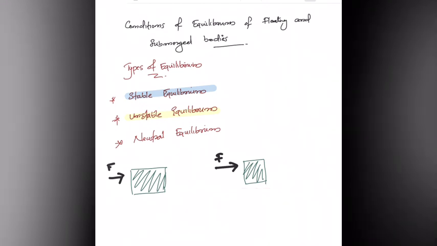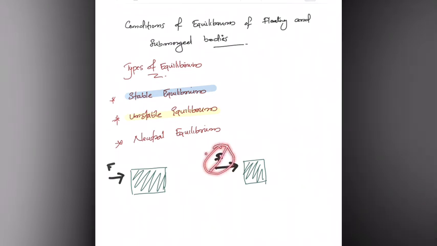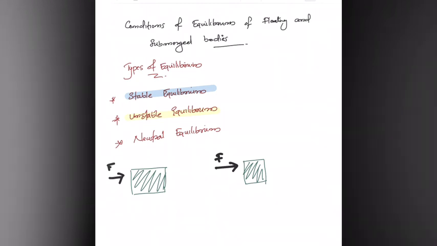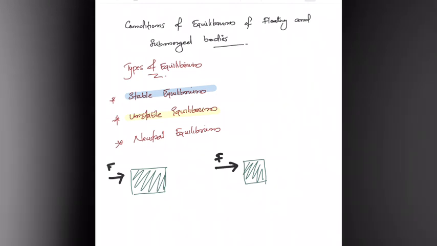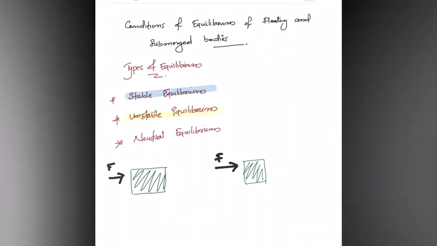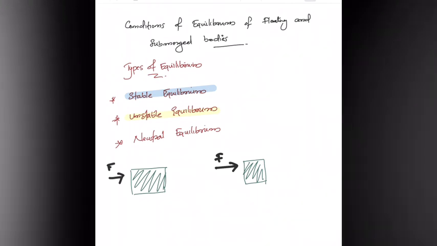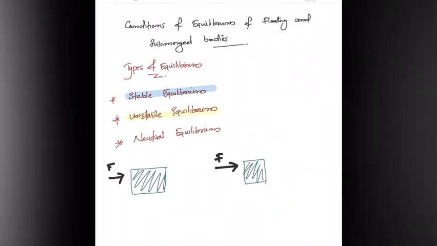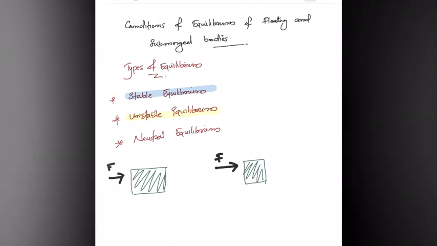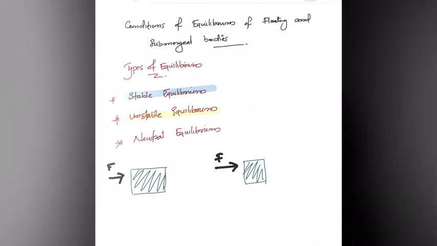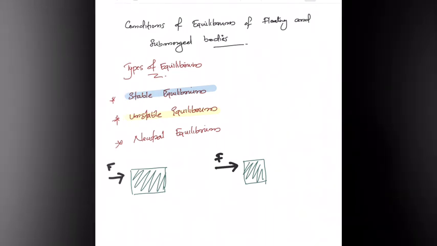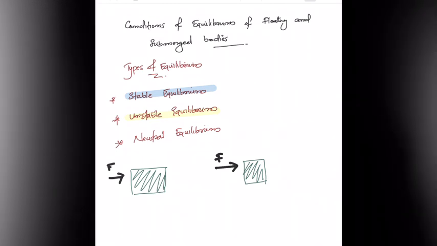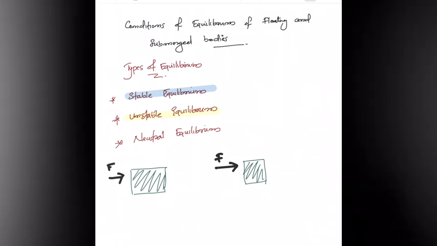That means if we remove this force, the box will not return to its original state. It will move to another state, another place, and will attain stable equilibrium. So the basic instinct or basic need of all bodies is to attain equilibrium, I won't say equilibrium, but stable equilibrium.